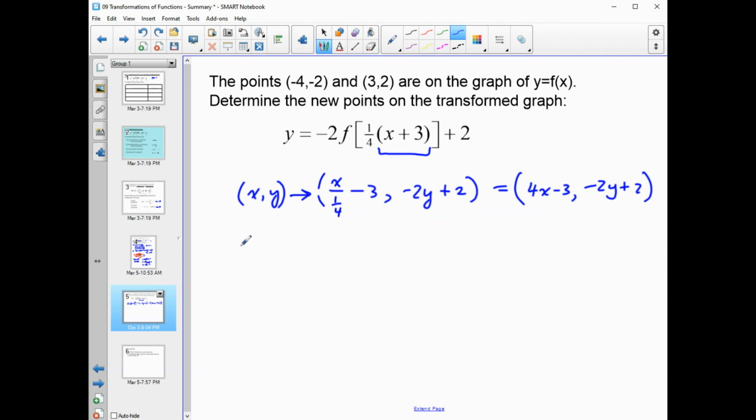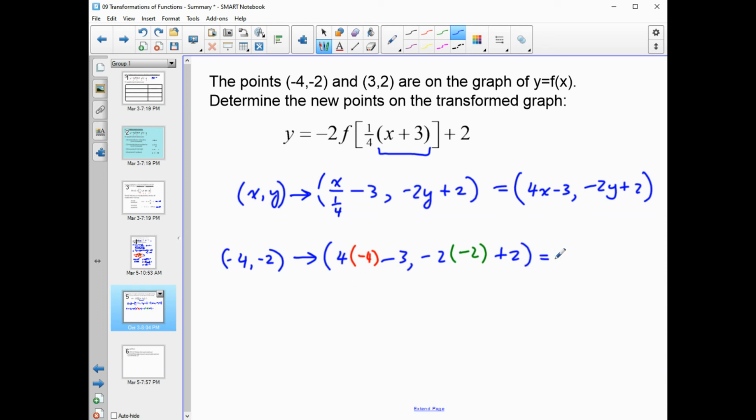So what about the first point? (-4, -2) will turn into, and now wherever we had an x, we replace it with -4, so it's going to be 4 times -4 minus 3, and then it's going to be -2 times y, which is -2, plus 2.